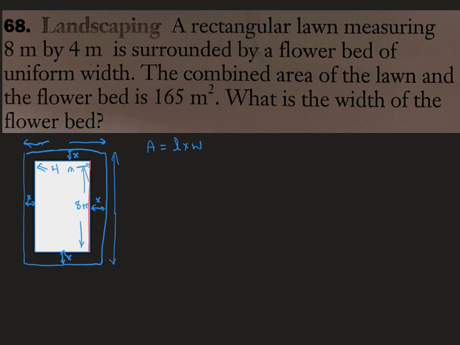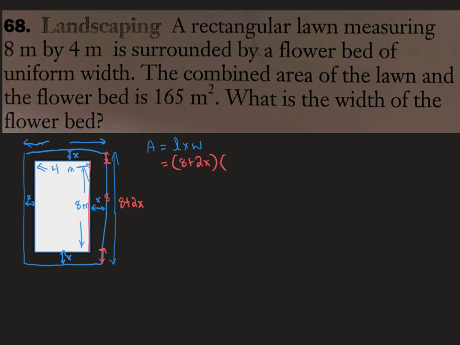If we want the entire dimension, from here to here is 8 meters, but then we have to add x at either end. So total length would be 8 plus 2x, which means in this equation we can replace L with 8 plus 2x.